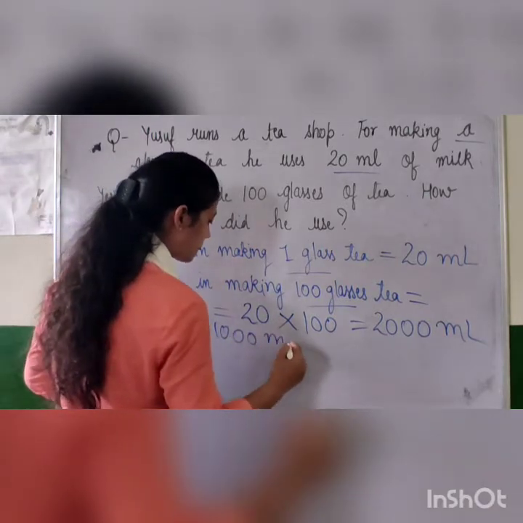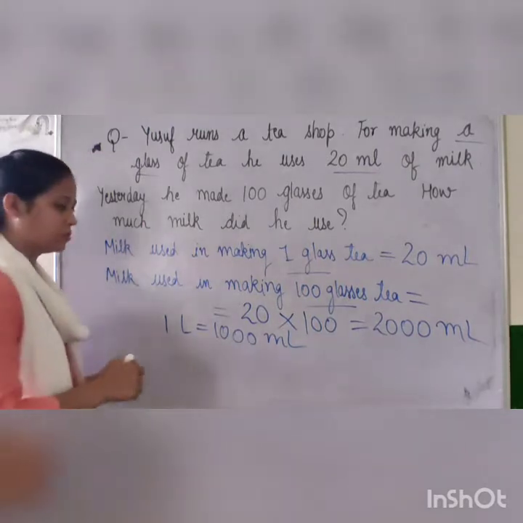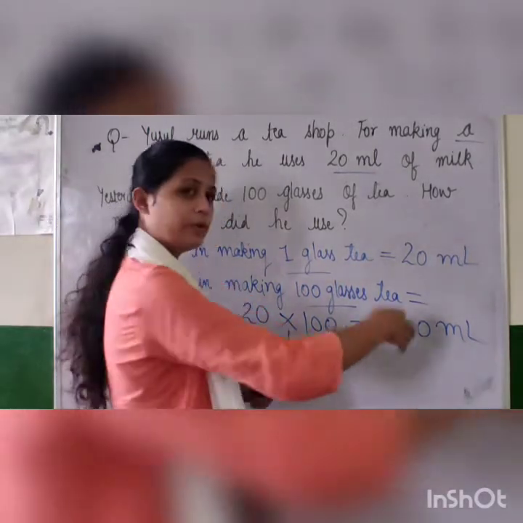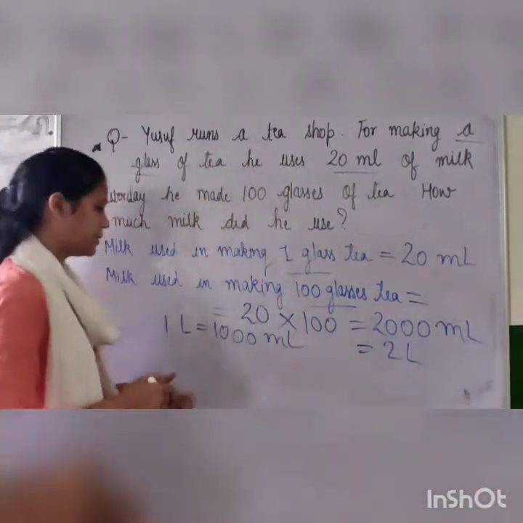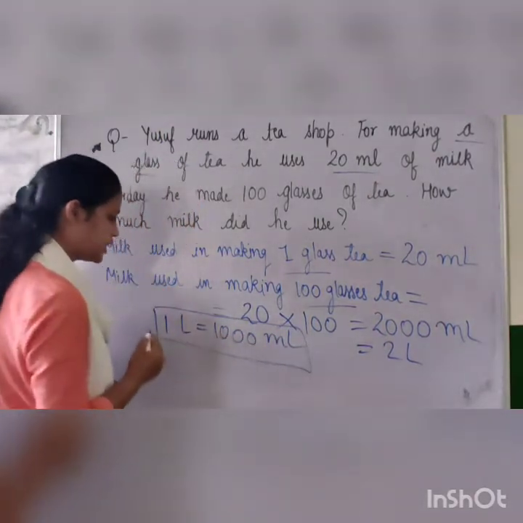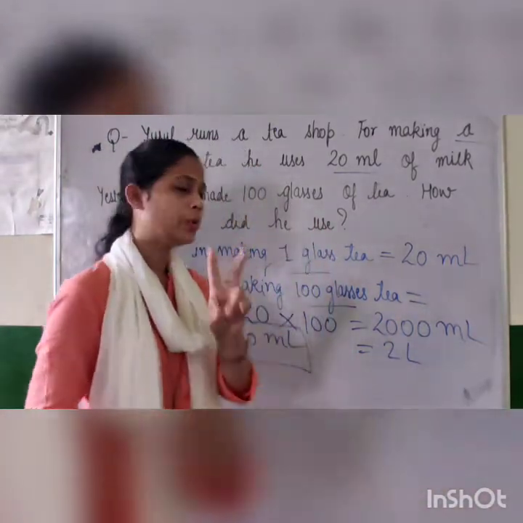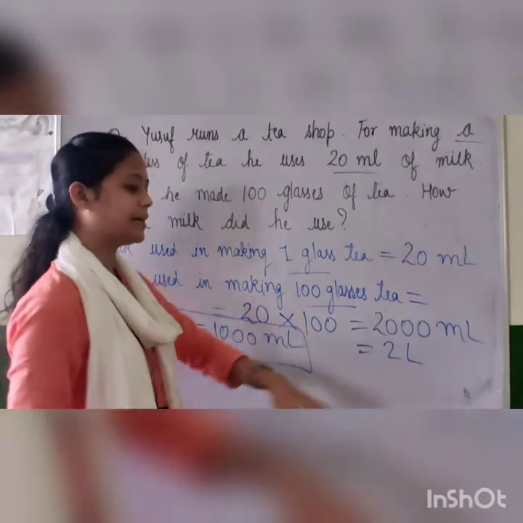So 2000 milliliter will be 2 liters. So we can write it as 2 liters also. 2000 ml, that is 2 liters.